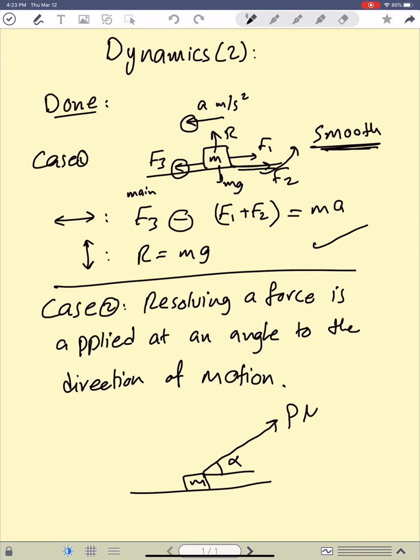How do you resolve such a force that makes an angle to the horizontal? I will draw it again here in a larger way. This is the particle m, and this is the force P newtons, acting on the particle at the angle alpha, my dear students.